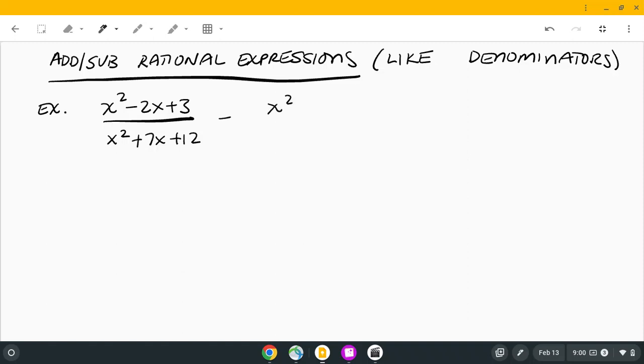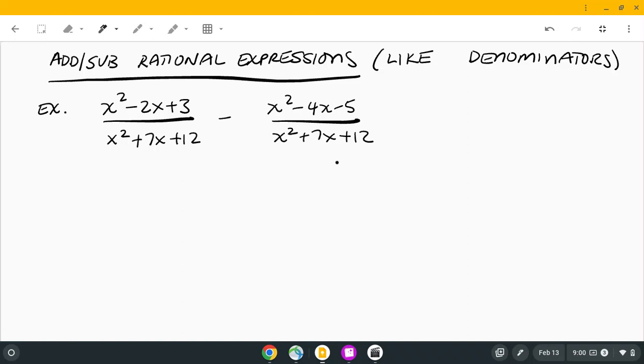And we're subtracting this rational expression over here over x squared plus 7x plus 12. Okay, so here, if you notice, the denominators are actually the same, okay?